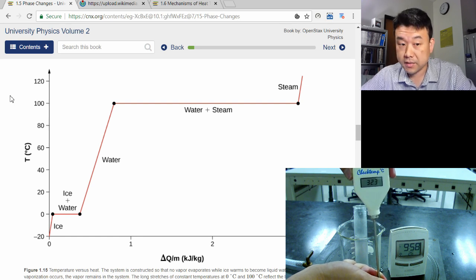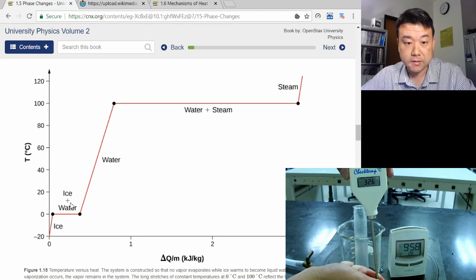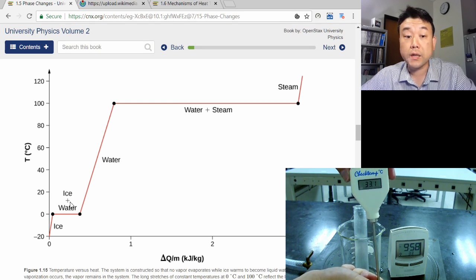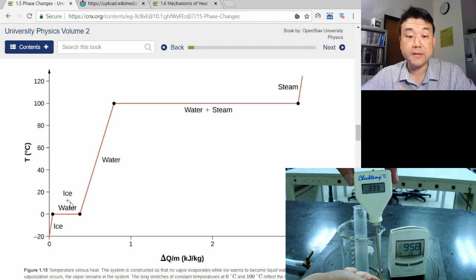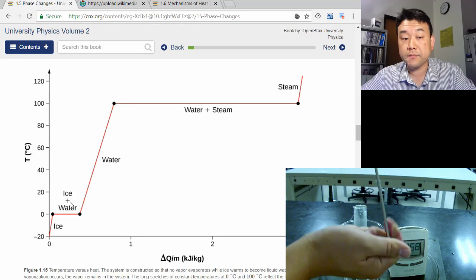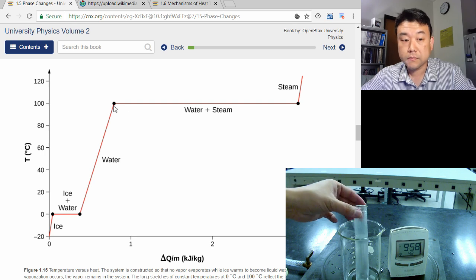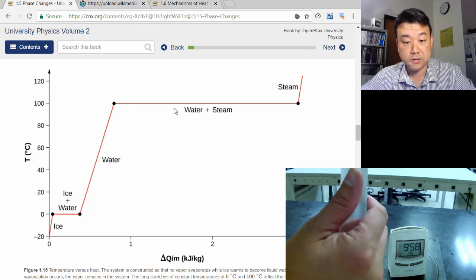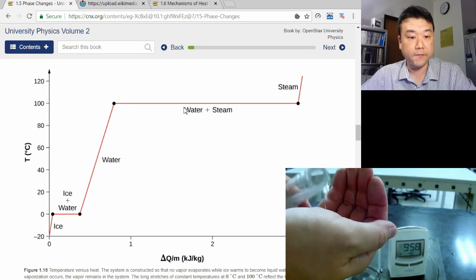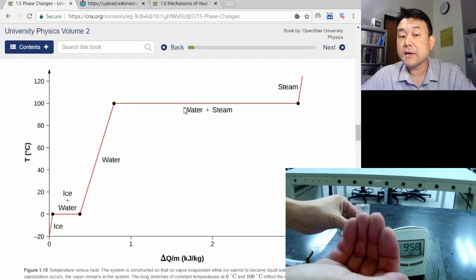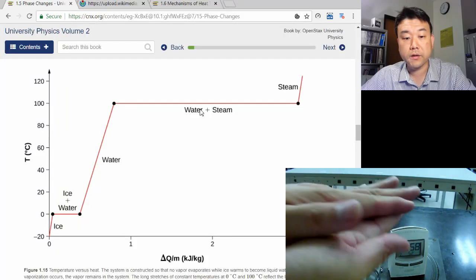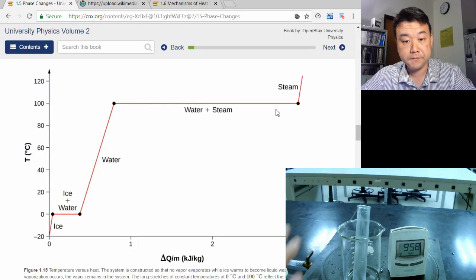This is why, as the ice melts, the temperature of the mixture stays constant, because the cooling effect of ice melting is exactly taking away the heat input from outside. And this is also why, as the water boils, the temperature of the mixture stays constant, because the cooling effect of water boiling is exactly taking away the heat input from outside.